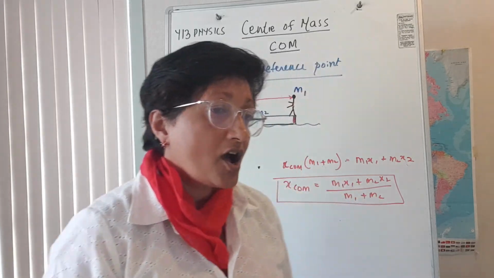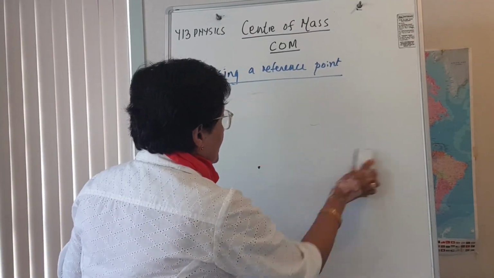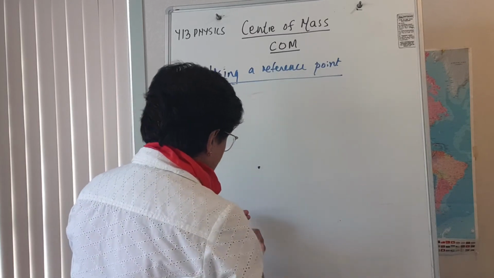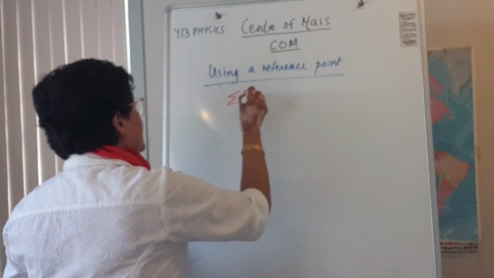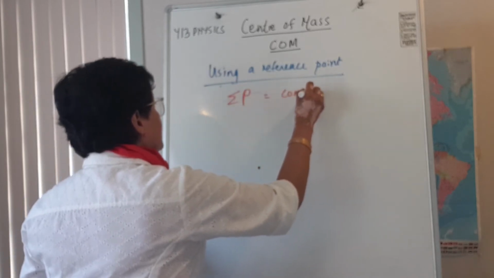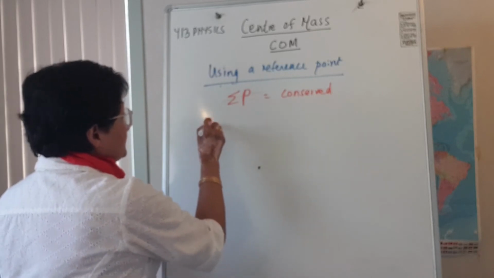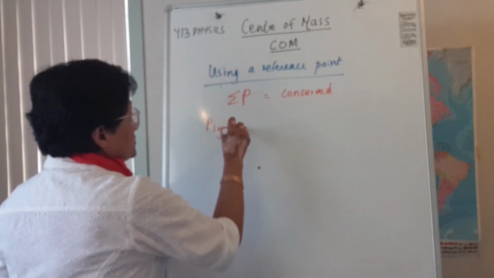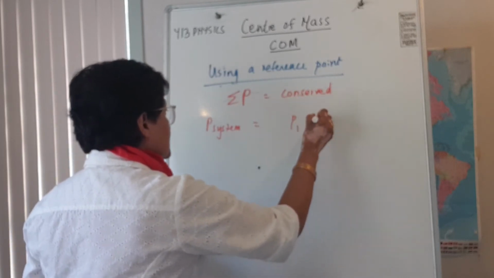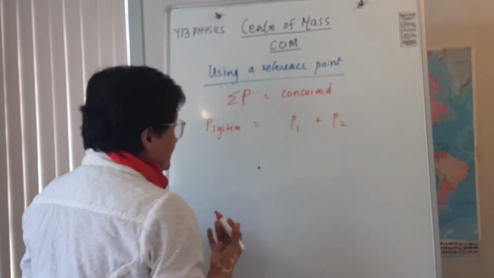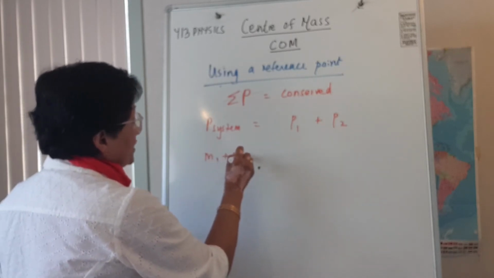Okay, and so how do you find the velocity of the center of mass? When momentum is conserved, the total momentum is conserved. And the momentum of the system, this is the important thing, is the momentum of one particle plus the momentum of the other particle. Momentum is mass times velocity.